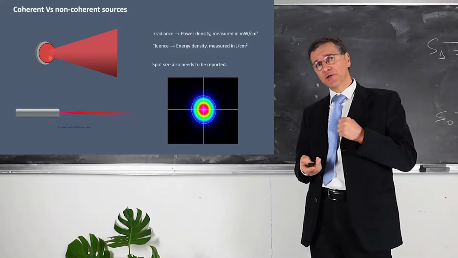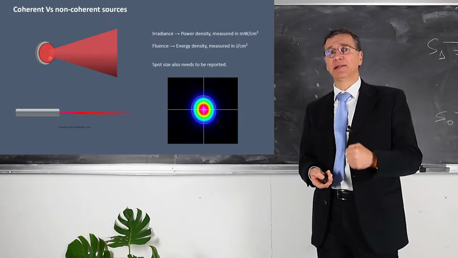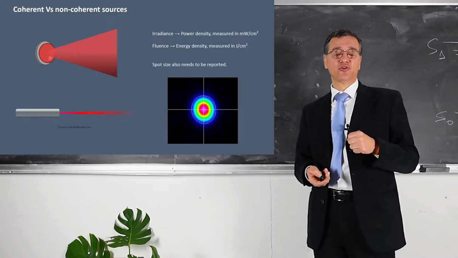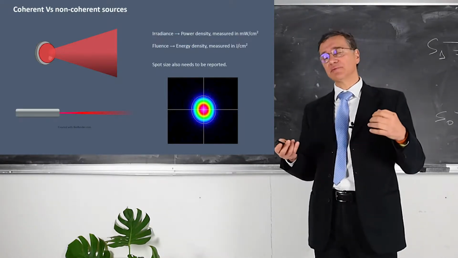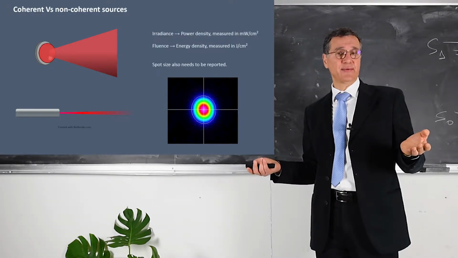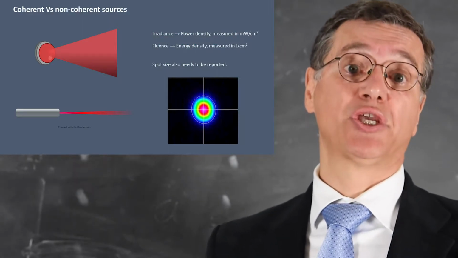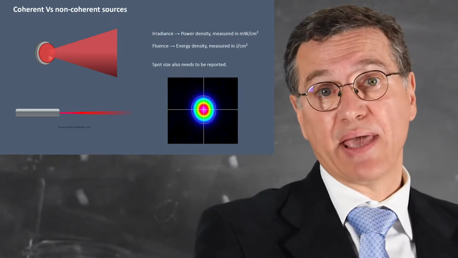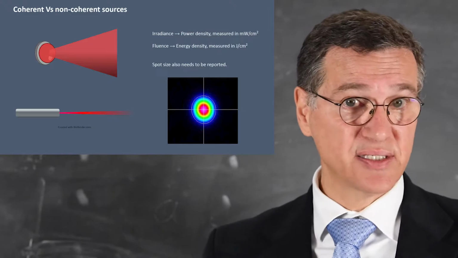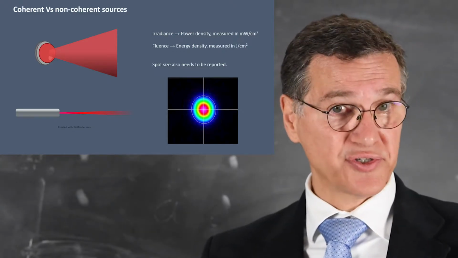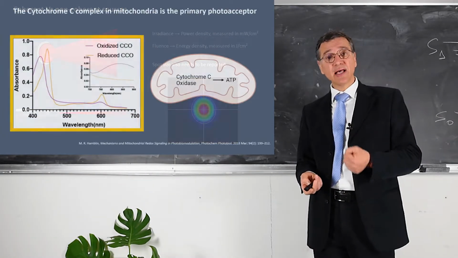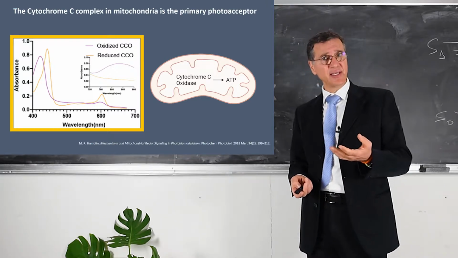But the question is, do we really need lasers for photobiomodulation? Or does it work also with LED? Because the LED has the advantage of being much cheaper, and we may have very high power LEDs for a few euros. The answer is yes, and it's very easy.